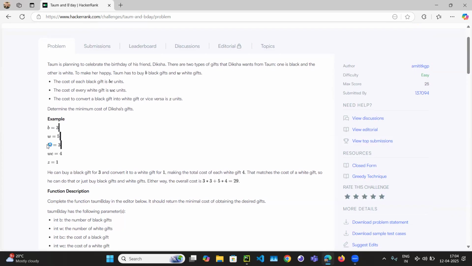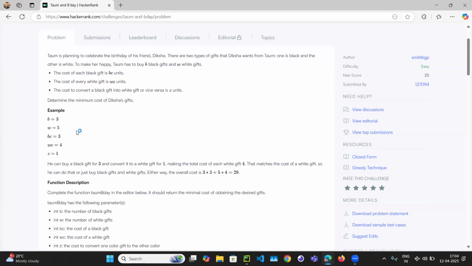If you just take 3 blacks and 5 whites, you have two options. Either you can pay the 29 rupees if you just go with the 3 black units and 5 white units, or if you want to reduce your cost and pay less money, you can try the conversion option.